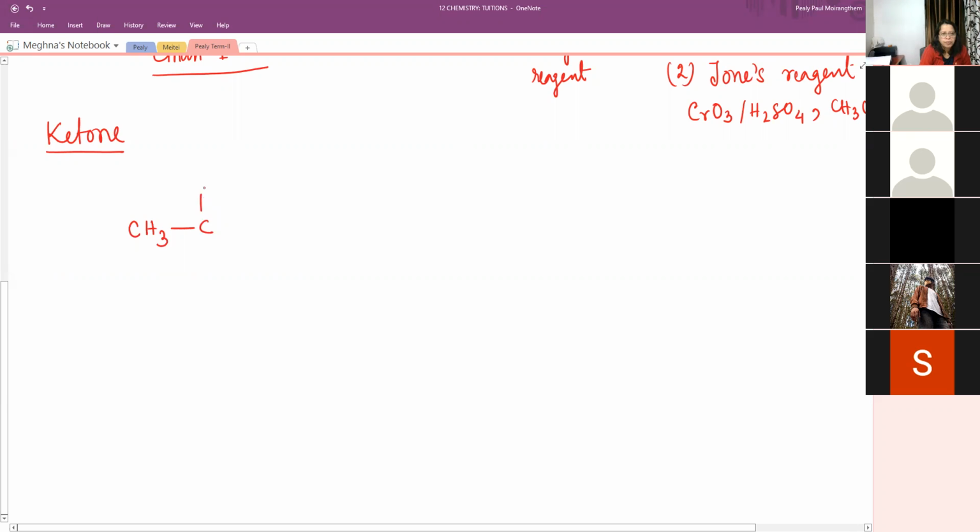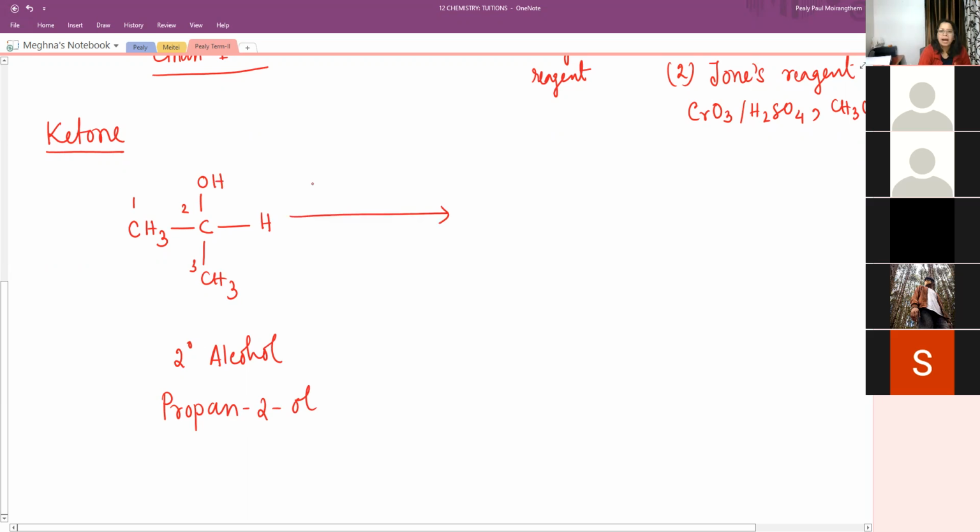To get ketone, which degree alcohol? 2 degree alcohol. So for 2 degree alcohol, the IUPAC name you could make out, obviously: propan-2-ol.